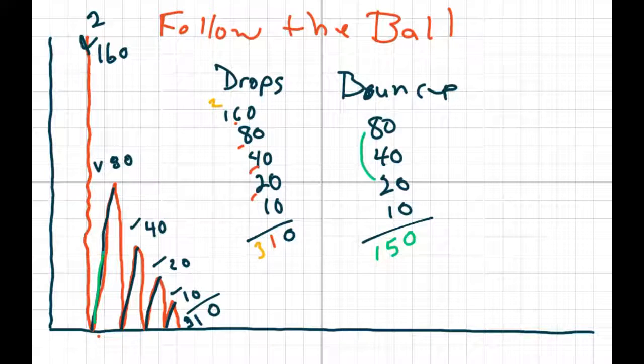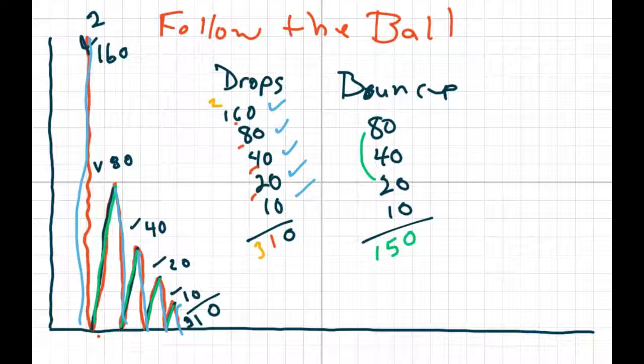So we have, let me follow again. Bounce up, bounce up, bounce up, bounce up. So we should have 4 numbers there. And on the downs, we should have 1, 2, 3, 4, 5. And here we have 1, 2, 3, 4, 5.